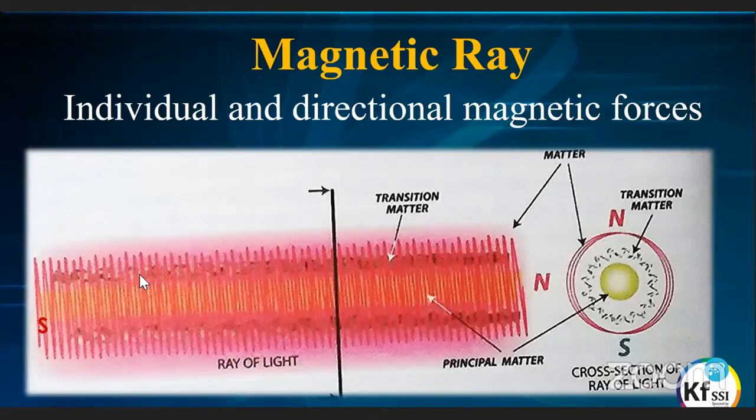What they can be are essentially the individual and directional magnetic forces. If we have a look at what this ray is, in the center, we call it the principal matter, or the very principal field. Around that is the transition, and then you get the matter on the outside.